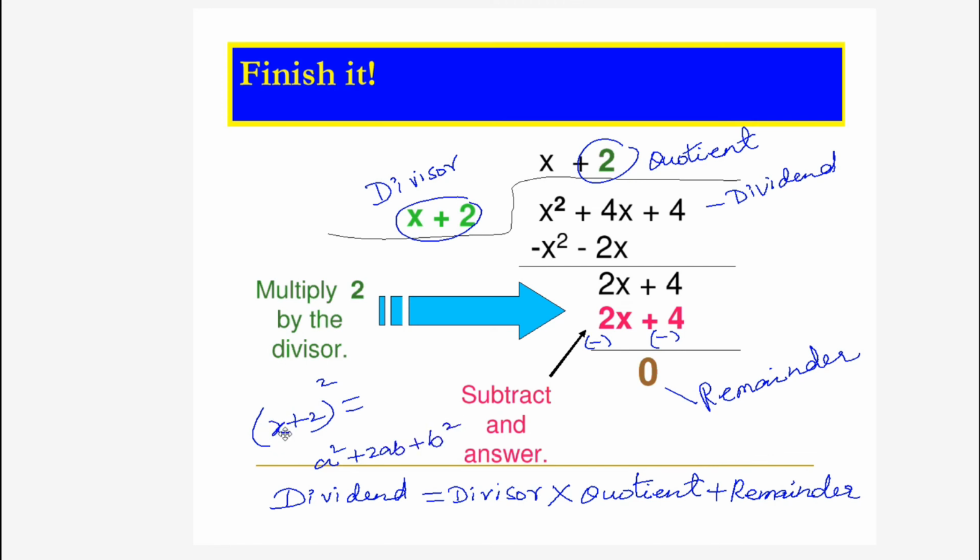So in place of a I have x, in place of b I have 2. x squared plus 2 twos are 4x plus 2 squared is 4. See, that's the dividend. My answer is correct. So this is how you can cross check your answer in exams, students.